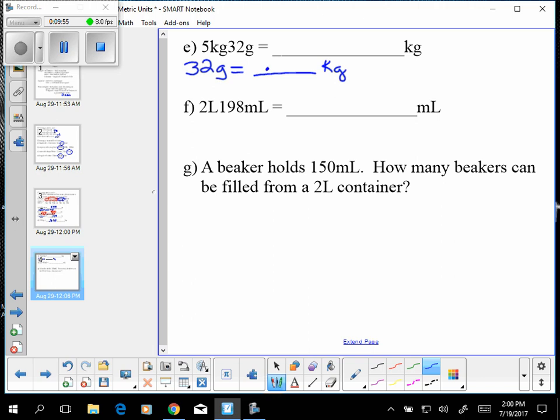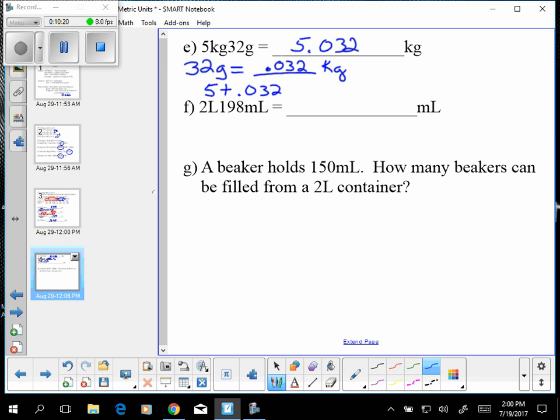So that means you're going to have 0.032. This 5 is already there, so we just add it. We're going to add 5 plus 0.032. We're going to get 5.032 kilograms.